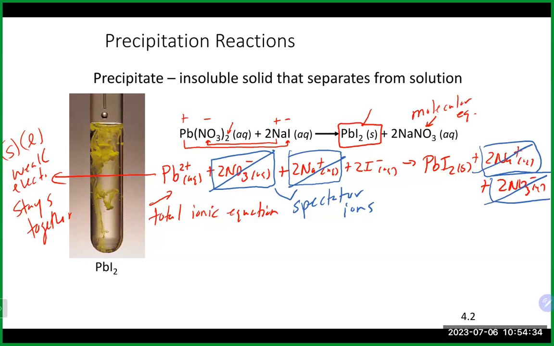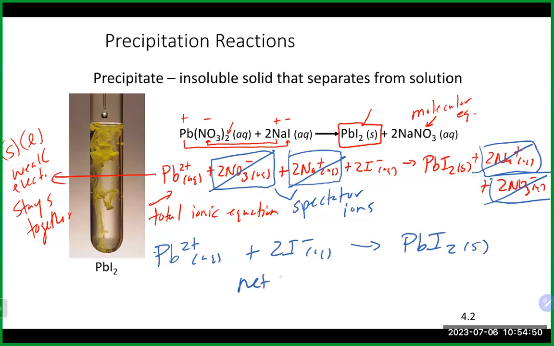And this leaves us the third type of equation, which is sometimes a really important equation. That is our lead plus our couple of iodides come together to make our PbI2 in this case. This is what is referred to as the net ionic equation.